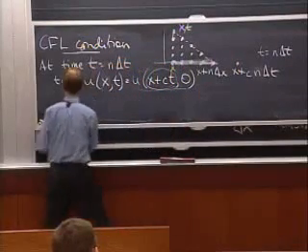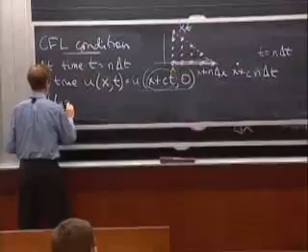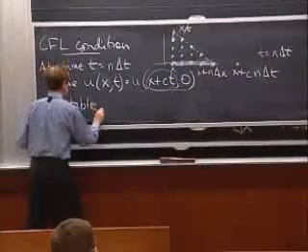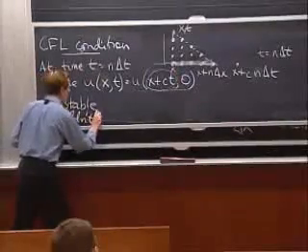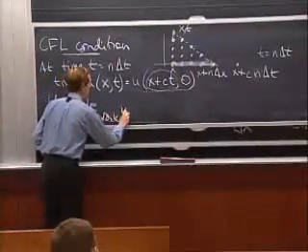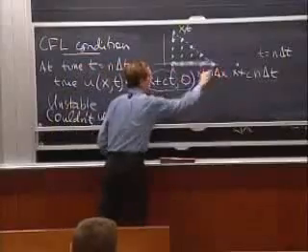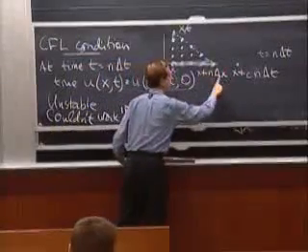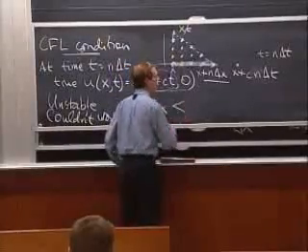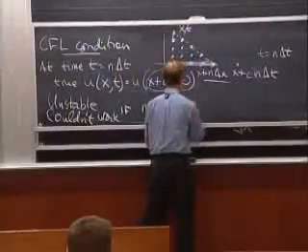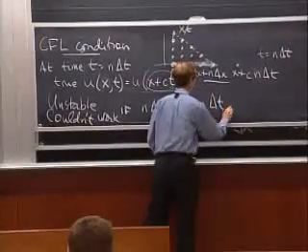So the idea is then unstable, couldn't converge, couldn't work if the distance reached here, n delta x, is smaller than c n delta t. It couldn't work.